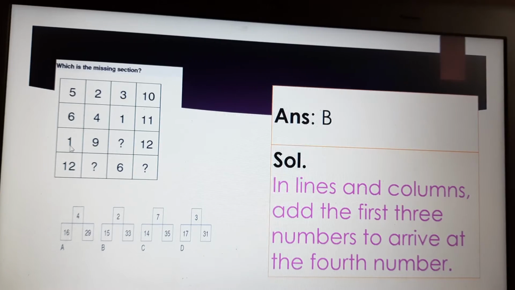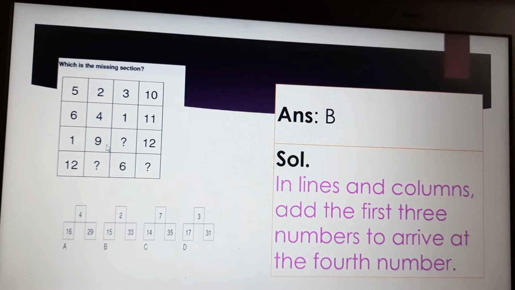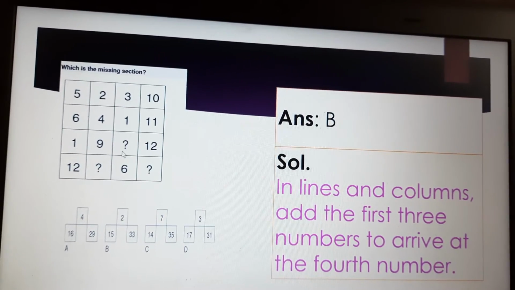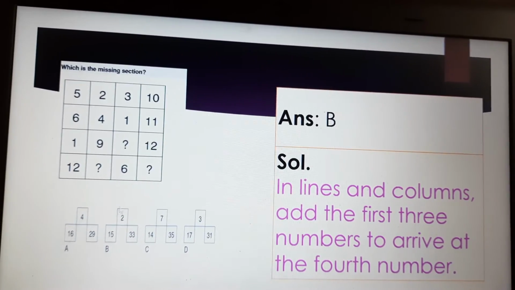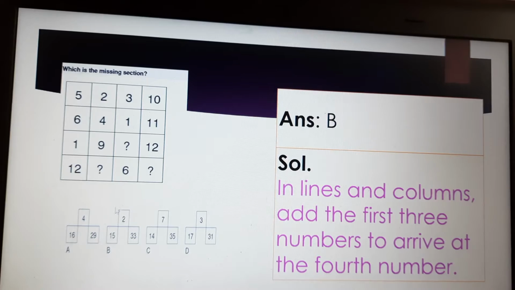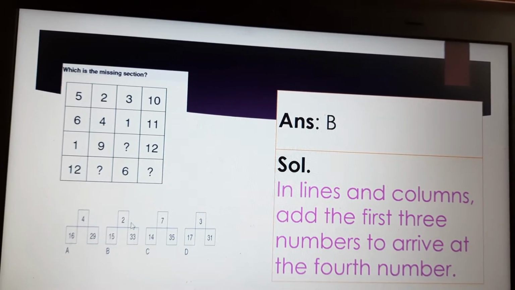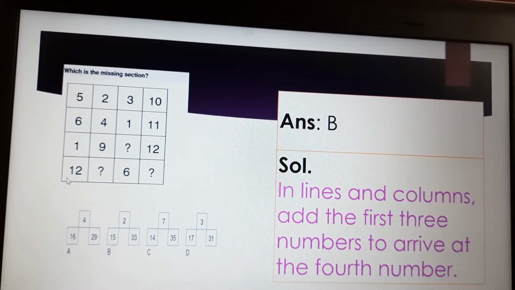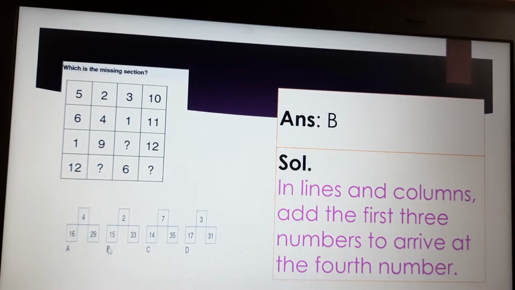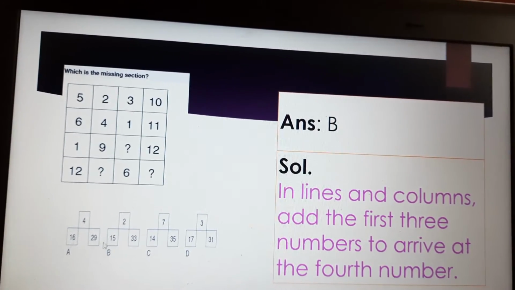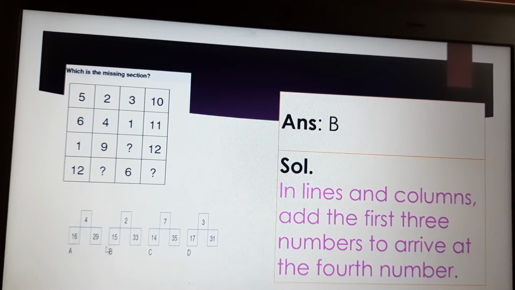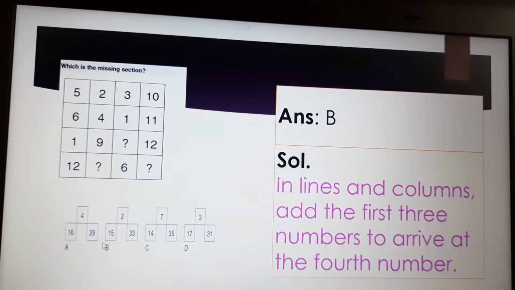Similarly, the third row, 1 plus 9 becomes 10. 10 plus 2 should come, then only we will get 12. So this is our option. Similarly, 12 plus 15 plus 6 becomes 33. So option B is the correct one.